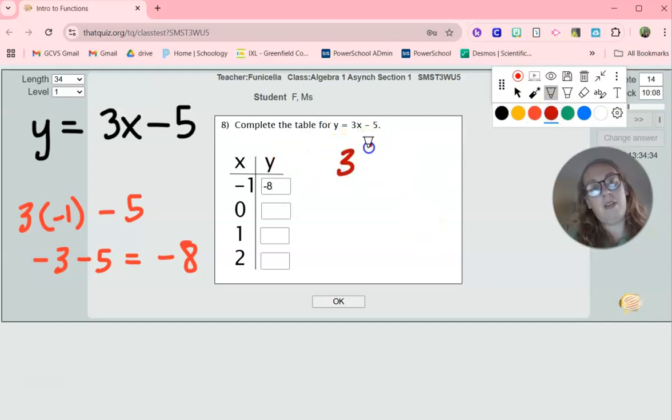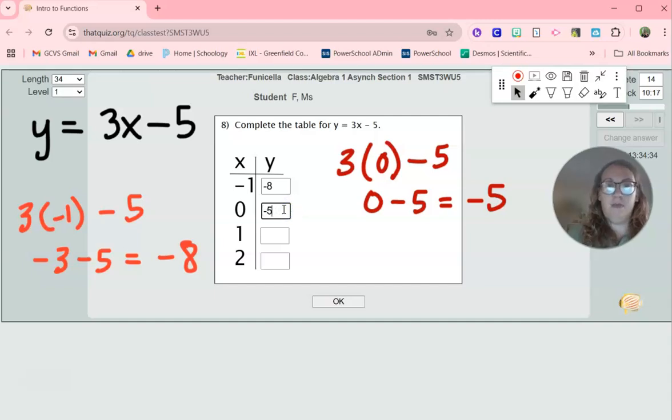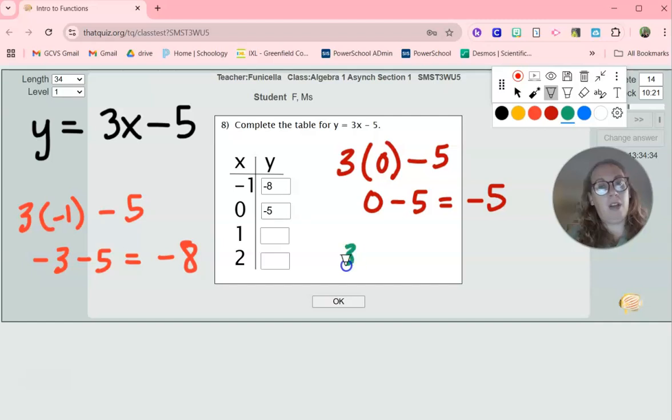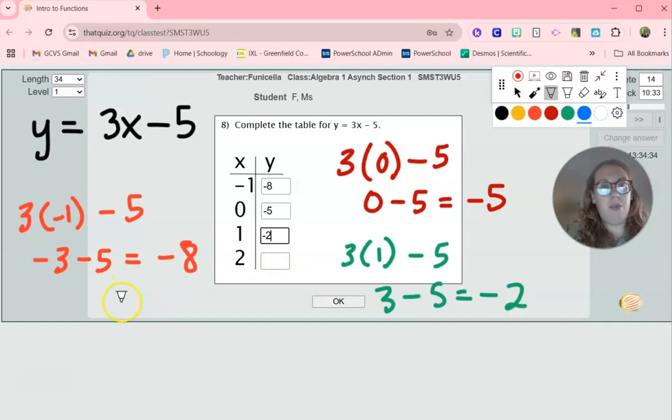When we plug in a 0, 3 times 0 is 0. Minus 5 is negative 5. Now when we plug in a 1, 3 times 1 is 3. 3 minus 5 is a negative 2. And then our last one is 2.